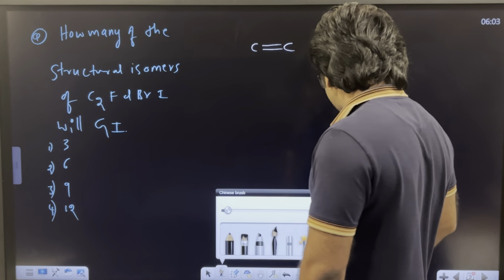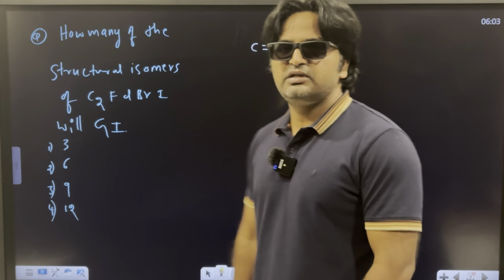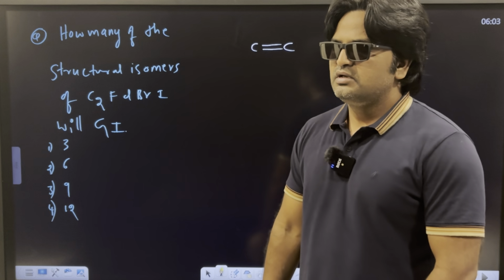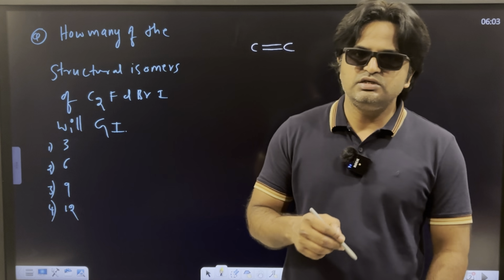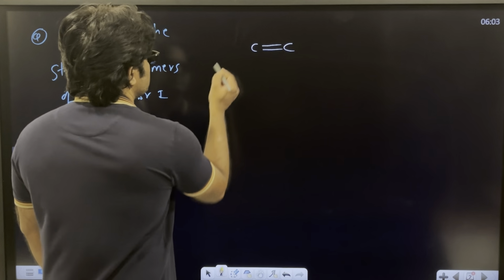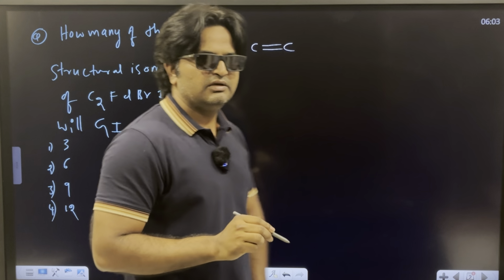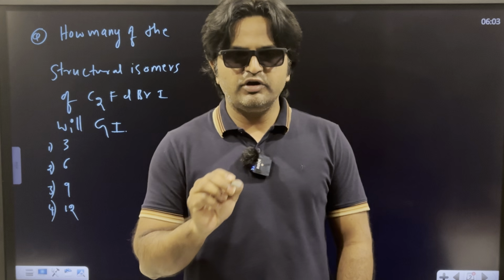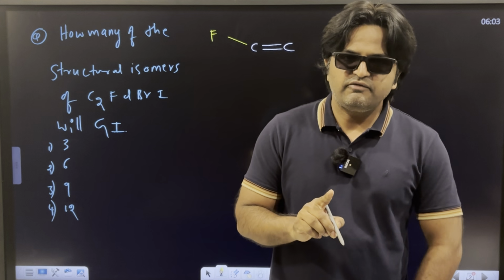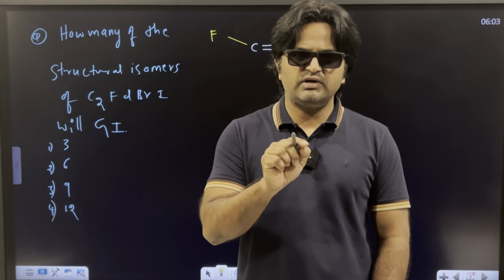According to the given molecular formula, we have four different halogen atoms. Now I am trying to arrange these four halogen atoms on the carbon atoms, right? Let us start from this one. Conveniently, what we are doing here is, we have four different halogen atoms, and one halogen atom I keep at a fixed position, at least one halogen.